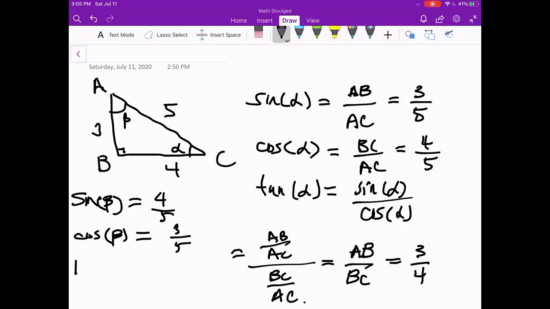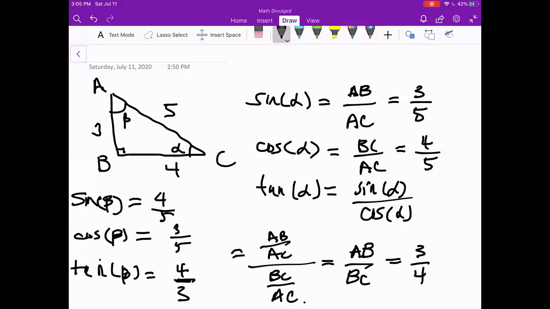And tangent, oops, my pen's messing up, sorry. Tangent of beta is equal to the length opposite of it, which is 4, over the leg that is adjacent to it, which is 3. So this is just a very brief introduction to sine, cosine, and tangent.